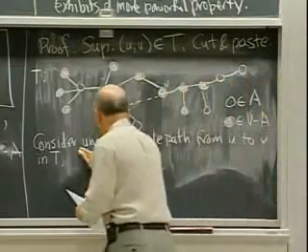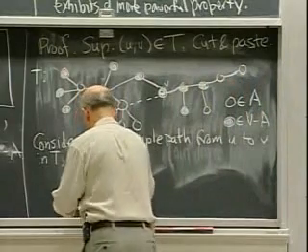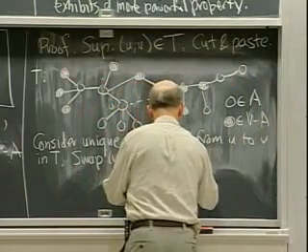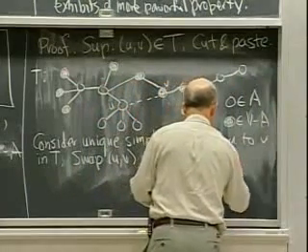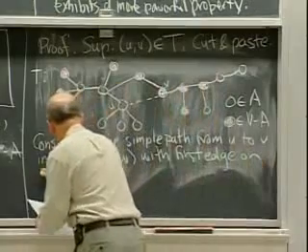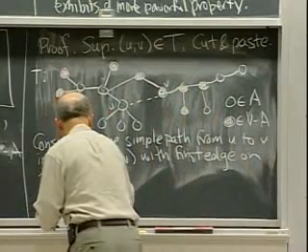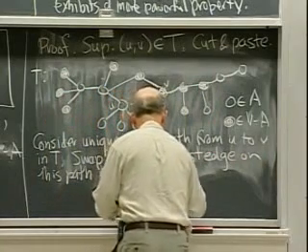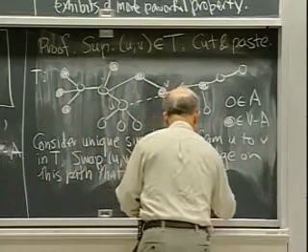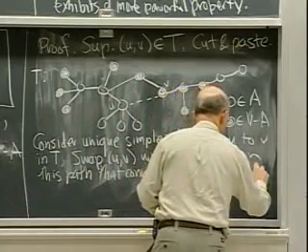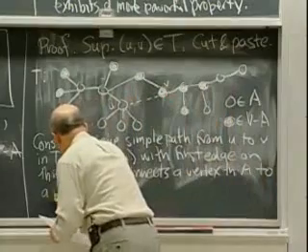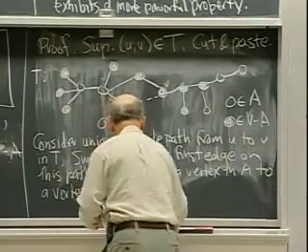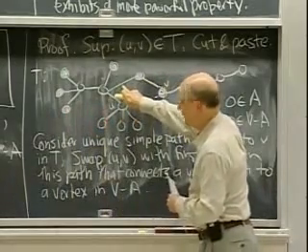So what we're going to do is swap UV with the first edge on this path that connects a vertex in A to a vertex in V minus A. So in this case, it's this edge here.